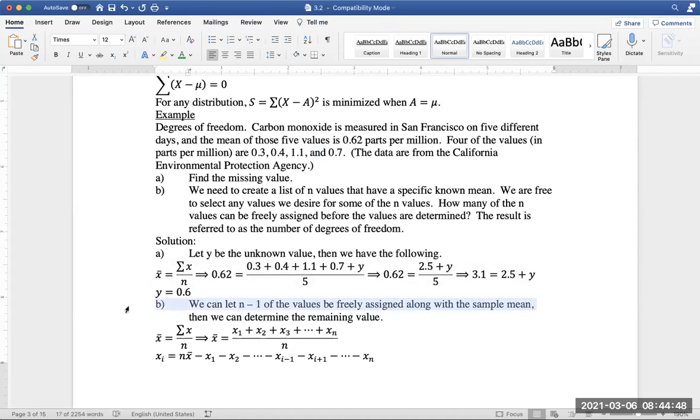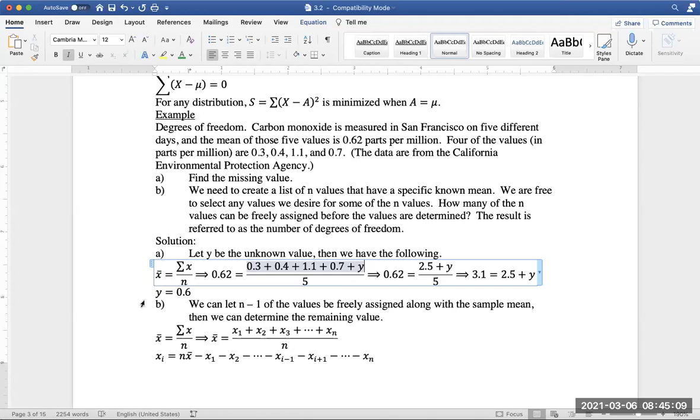So looking above, we can do the same thing, right? If I know in general the mean, and I know there's n of these, and I know the value of n minus 1 of these values, I can determine this unknown value by doing the same thing.